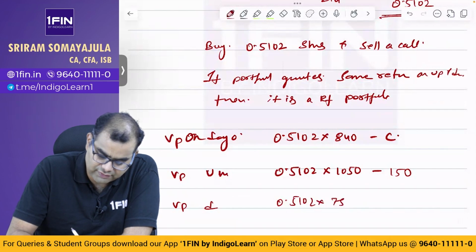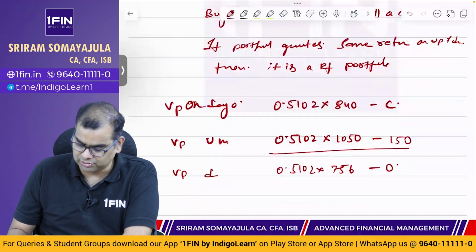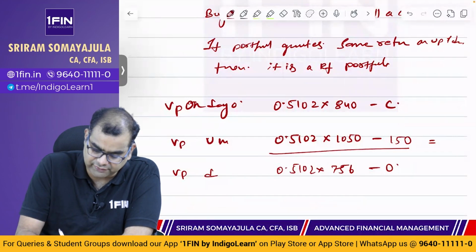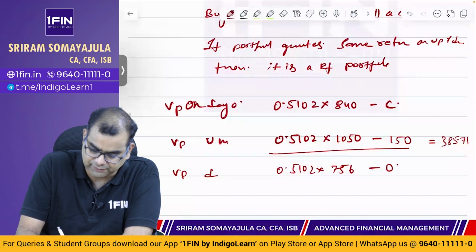Now, 0.5102 into 1050 gives you 535.71 minus 150, you get 385.71. If you do 0.5102 into 756, it is the same thing, 385.71.